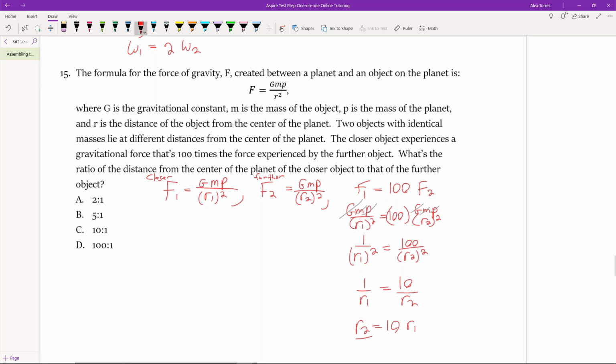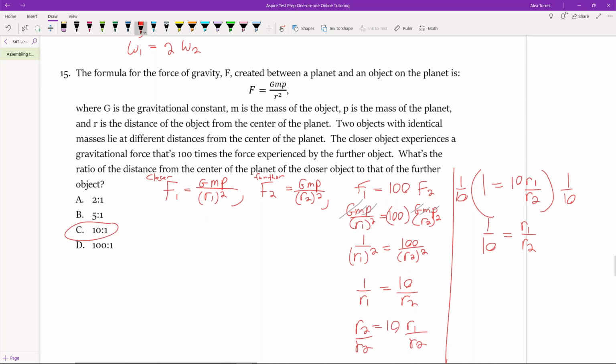So you can divide both sides by R2, and 1 equals 10 R1 over R2. Now you can divide both sides by 10, which is the same as multiplying both sides by 1 over 10. And you have 1/10 equals R1 over R2. So the ratio between them is 10 to 1 or 1 to 10, and the answer is C.